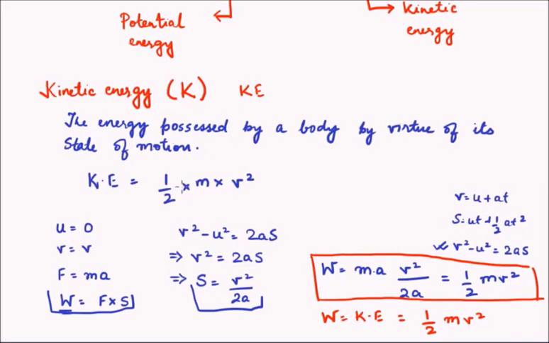Next, let us see the relation between kinetic energy and momentum. Kinetic energy can be expressed by first writing kinetic energy is half m v squared, and we know that the momentum p is equal to mass into velocity.